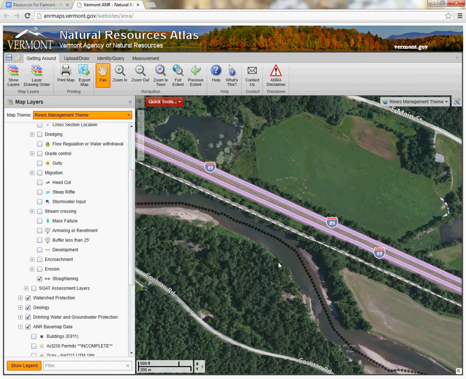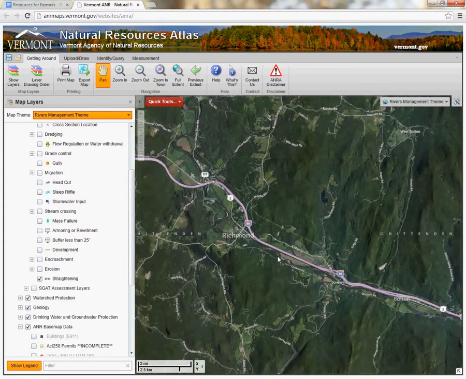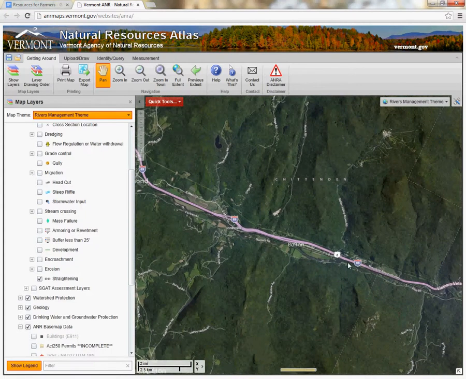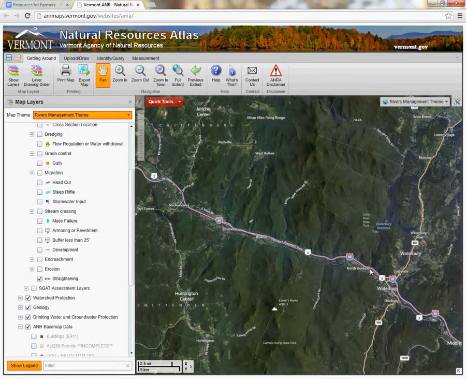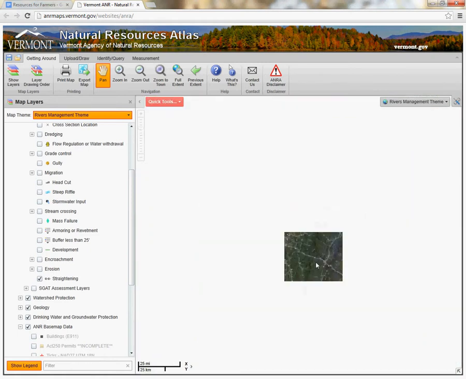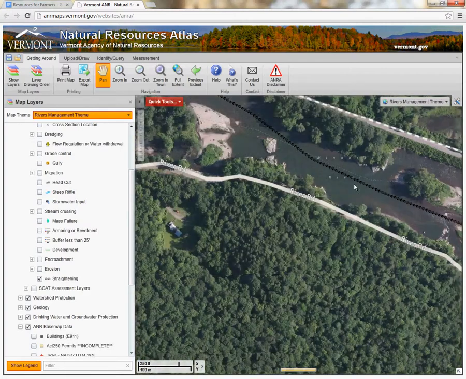So looking at our landscape, we can see the Winooski has been very much straightened. In fact, probably from Richmond all the way to Montpelier, if not Waterbury, at least. It's a little annoying that this layer is scale dependent, because I bet if you zoomed in on any place along this river, you would see that the river's been straightened.